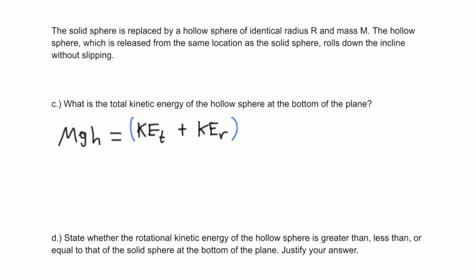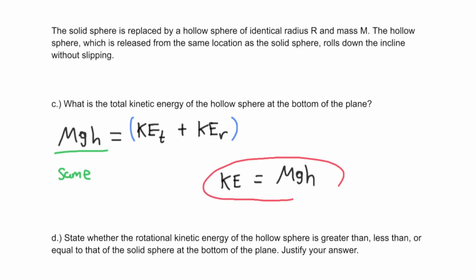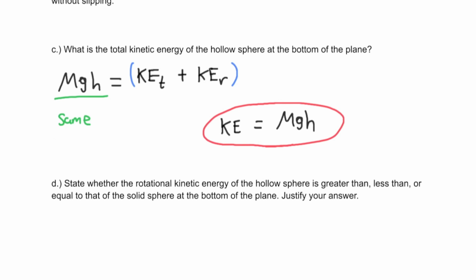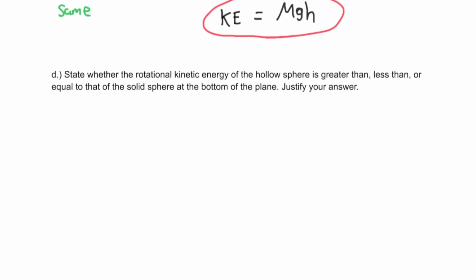And this is the same. Same mass, same radius, so same mgh. So the KE total is just going to be equal to mgh, which is the same total as before. So this sphere starts with the same amount of energy.